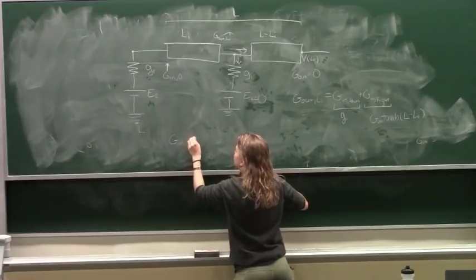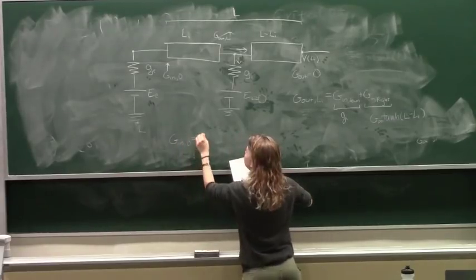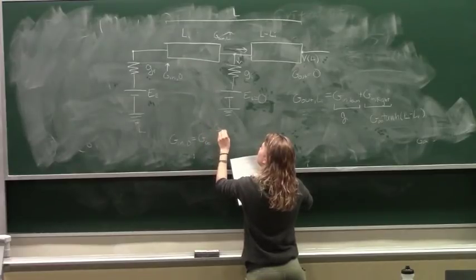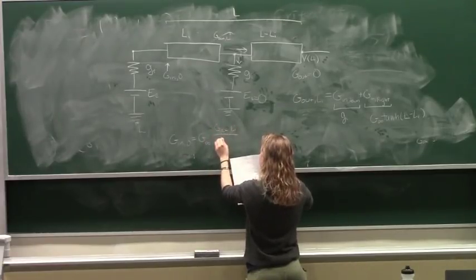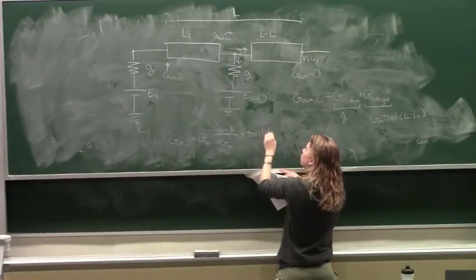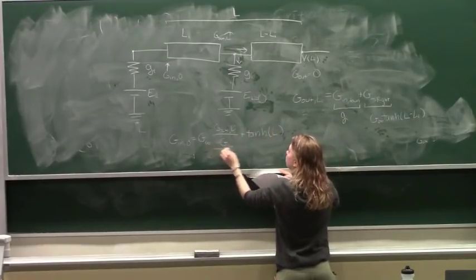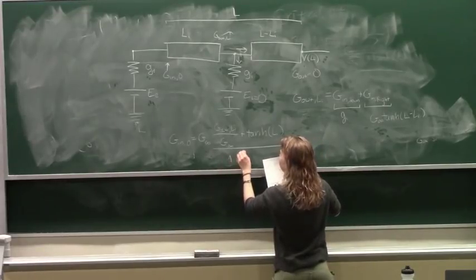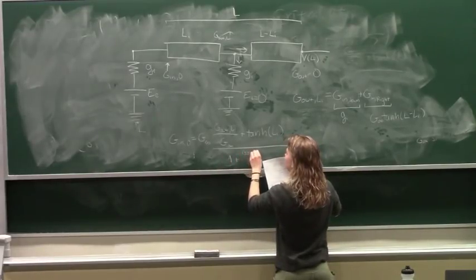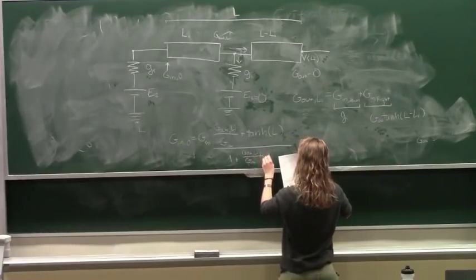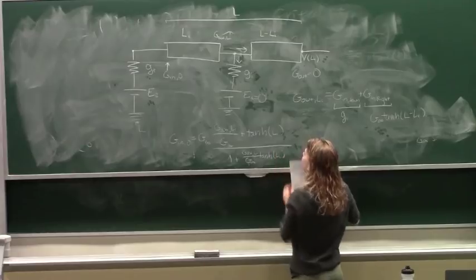So G in 0 is equal to G infinity times G out Li over G infinity plus hyperbolic tangent of Li, over 1 plus G out over G infinity times hyperbolic tangent of Li.